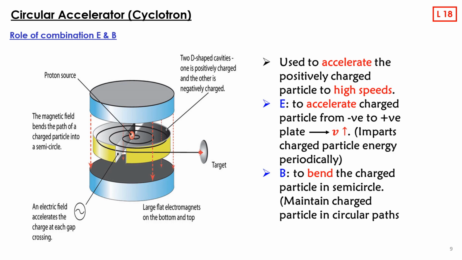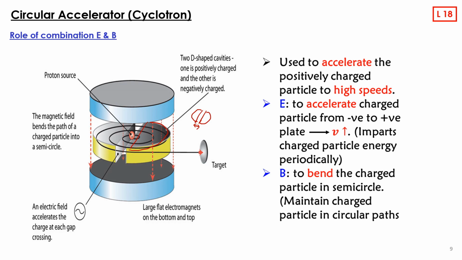This diagram shows the working mechanism of a cyclotron, which is a circular accelerator. It is used to accelerate positively charged particles to high speed. We have two Ds. They are known as Ds because they are in the shape of the letter D, one D and another D, and we have a gap between them.